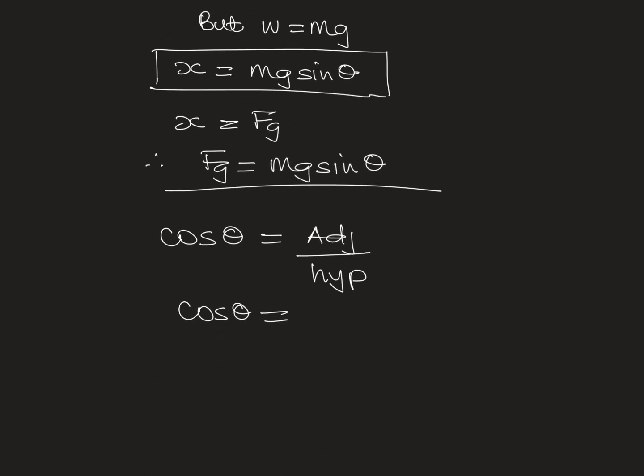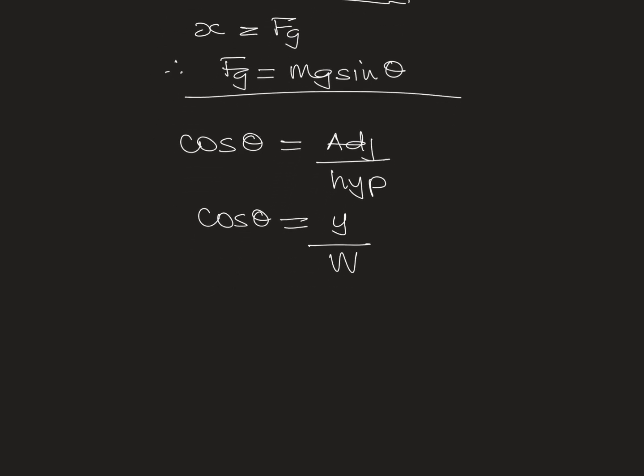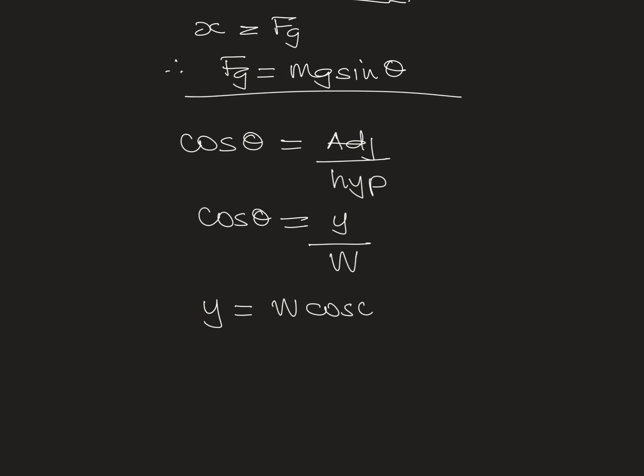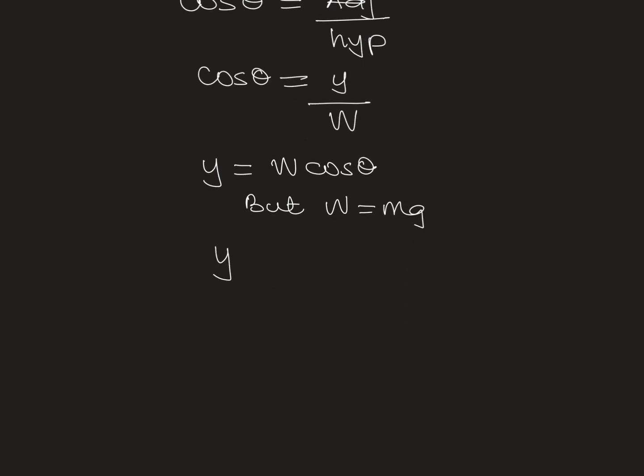So that is going to be y over the hypotenuse, which is w. So when you cross multiply, we will have y is equal to w cos theta. Okay, but we know that weight is equal to mg, so therefore y is equal to mg cos theta.